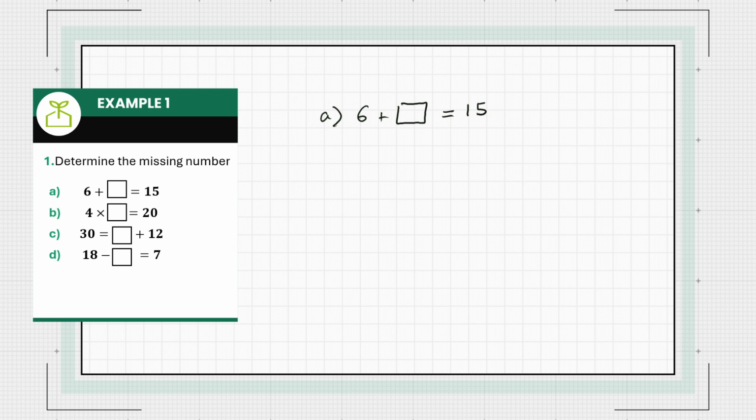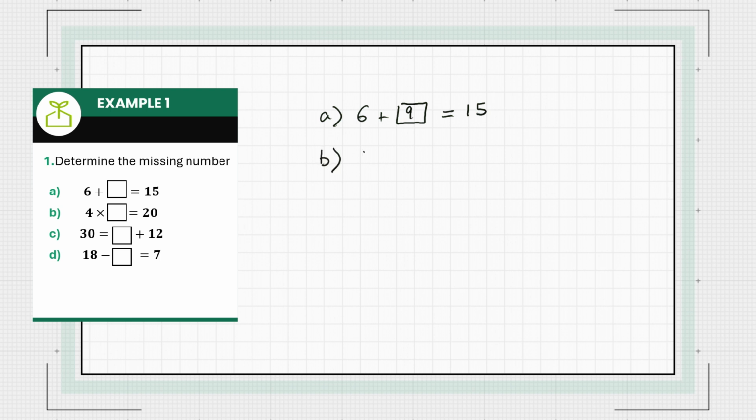Well, it wouldn't be 10 because that's too high and we get 16, but we need to get one less, so it would be 9. And that generally is the process for trial and error. You're just putting in a number and determining if it's bigger or smaller than the other side.